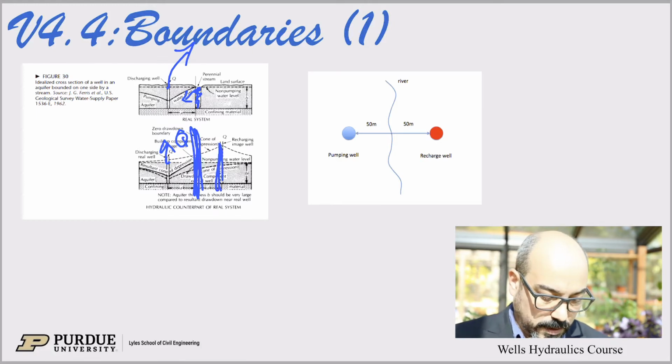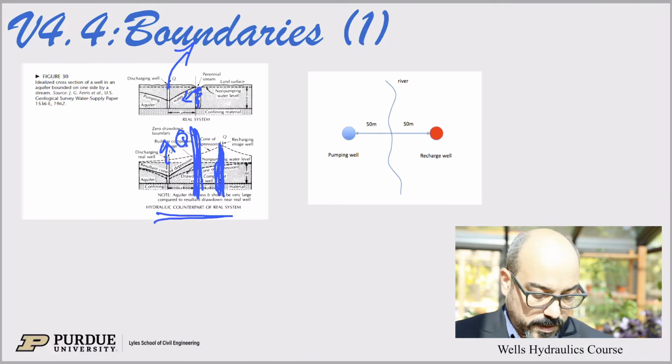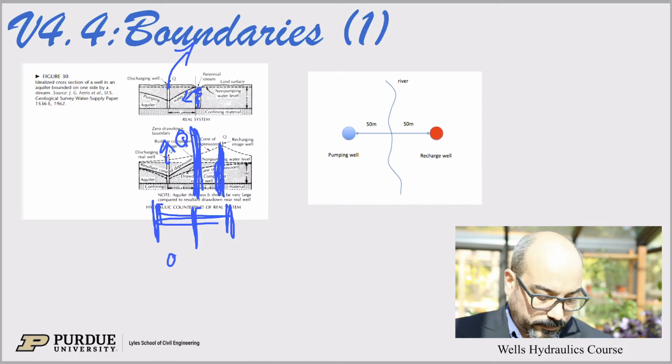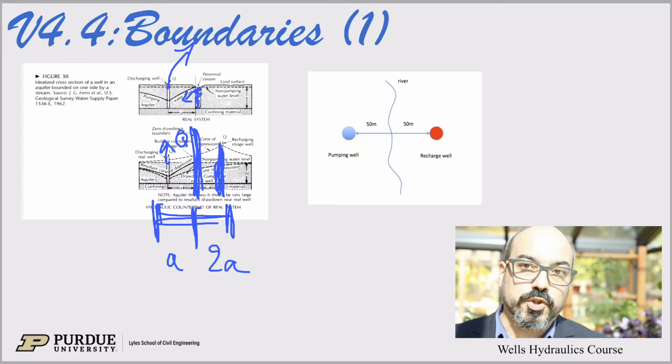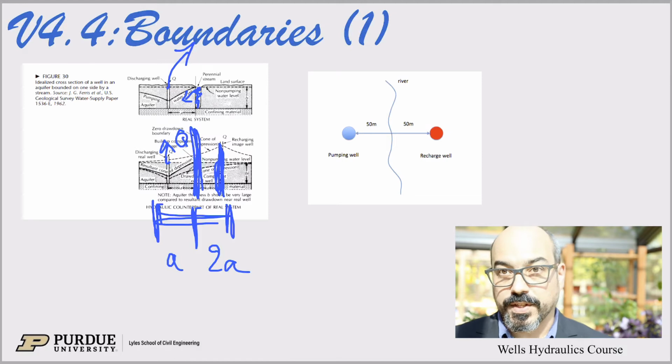So if our pumping well is at a distance A from the boundary, we put an imaginary well at a distance 2A from our well, or another distance A from the boundary on the other side of it.